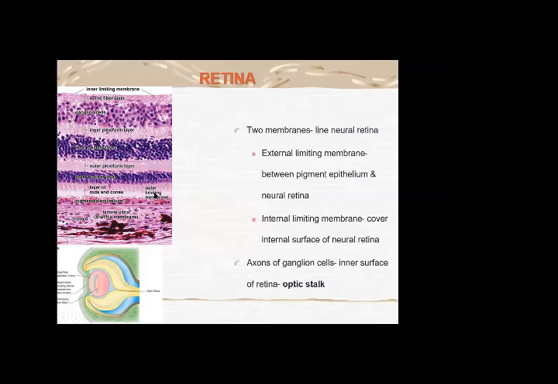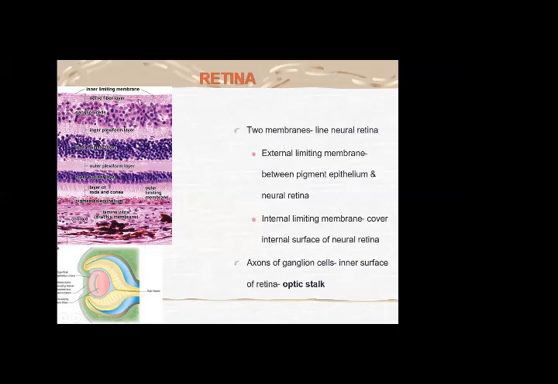This membrane, this is the pigment cell layer, right? This outer limiting membrane is lying between the pigment epithelium and the first layer of neurons, the outer nuclear layer. Whereas the inner limiting membrane is lining the inside of the retina, the neural part of the retina. And now the remaining layer, the ganglion cell layer, we come to this.